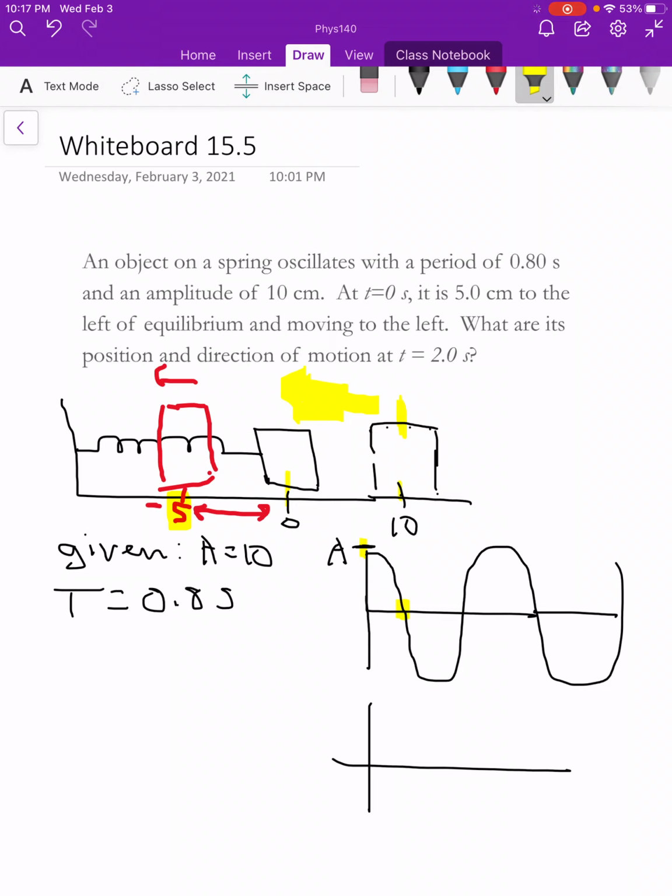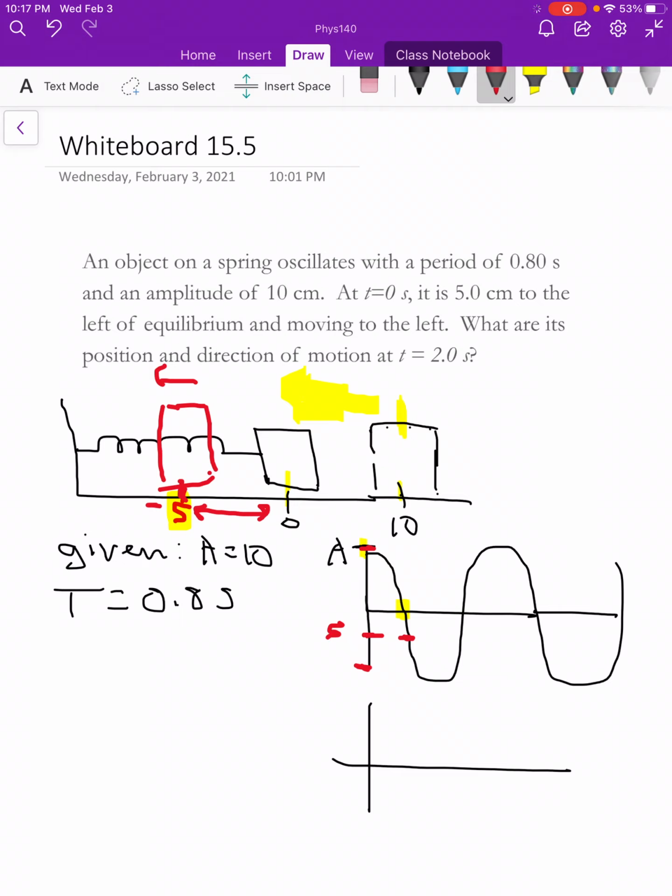And then if I think about this point, or let's make this red, the red point right here, that's the same as right here. It tells me the position is 5, but it started out at 10. So if A equals 10 here, and A equals -10 down here, 5 is halfway right there. So it's starting there.